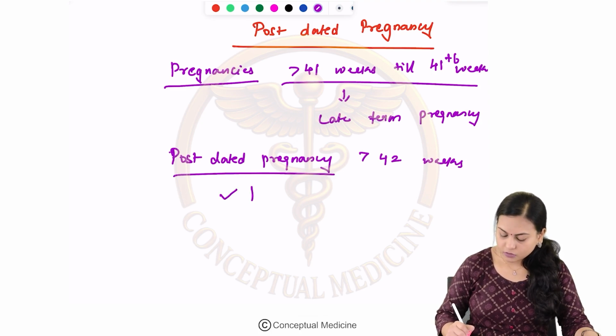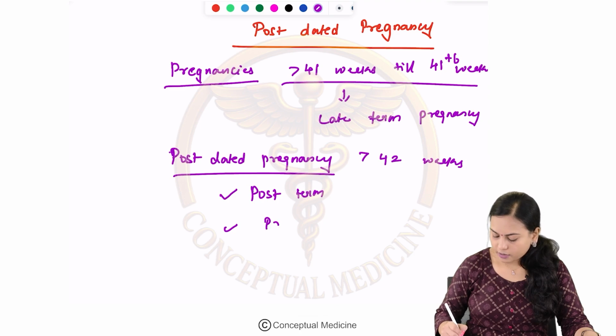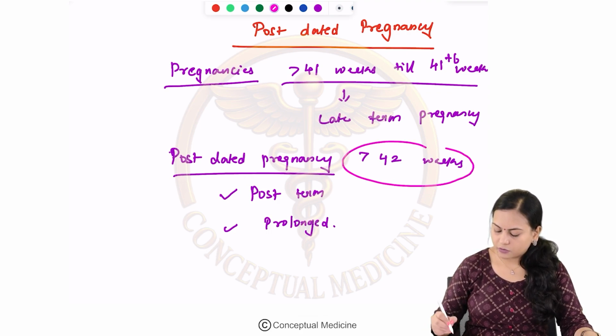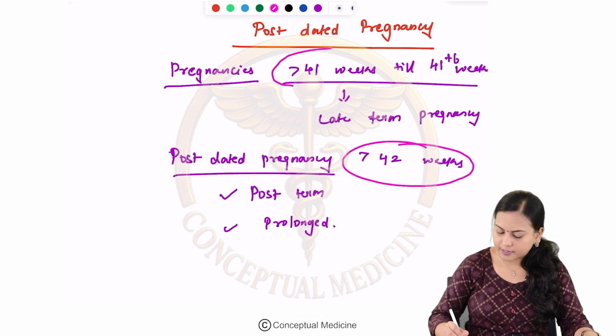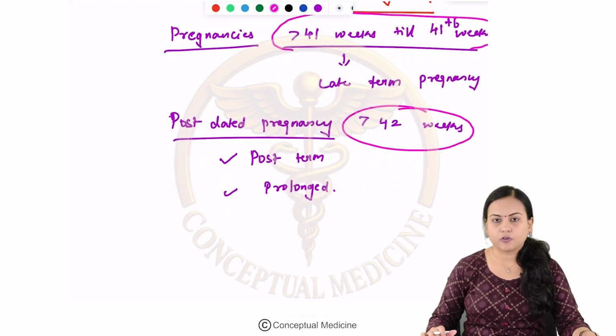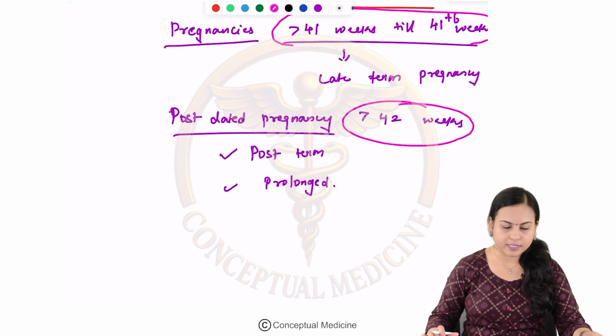This is also known as a prolonged pregnancy. Clear? So, this cutoff you should know: 42 weeks for postterm pregnancy, and late term pregnancy means 41 weeks till 41 plus 6 weeks.